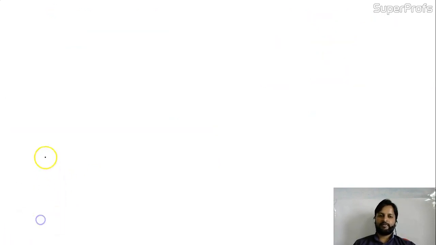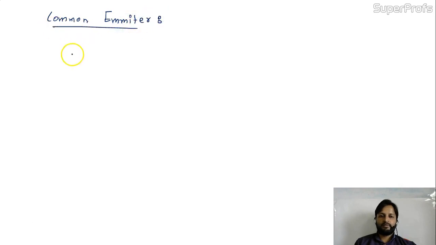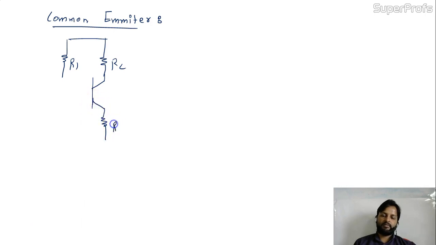Okay, let me draw the circuit over here. This is common emitter. In the common emitter, the situation is like RC, R1, RE, and here it's R2, like this.